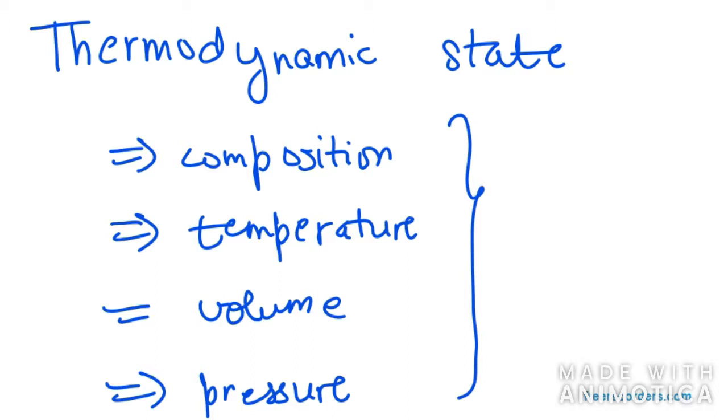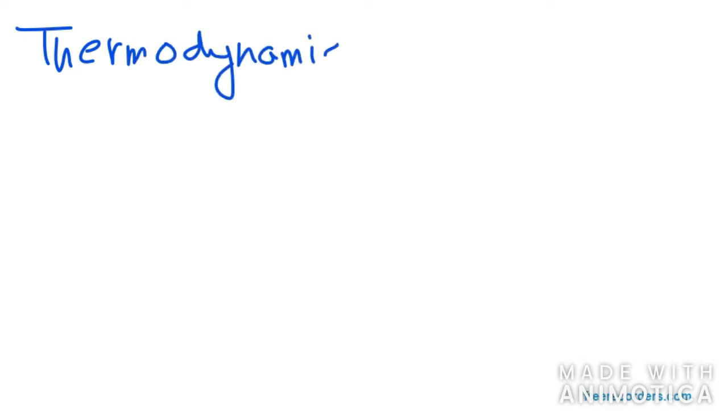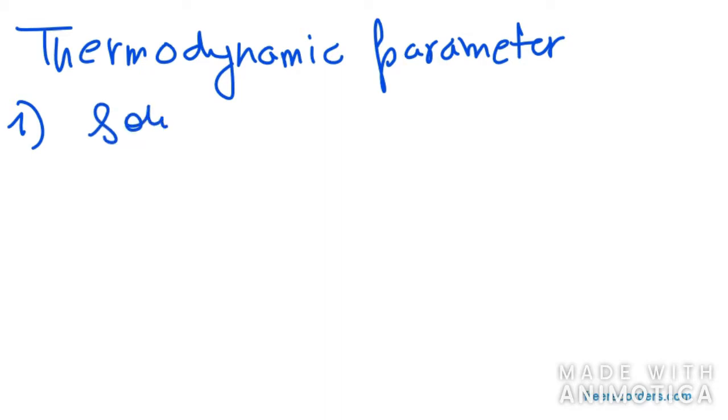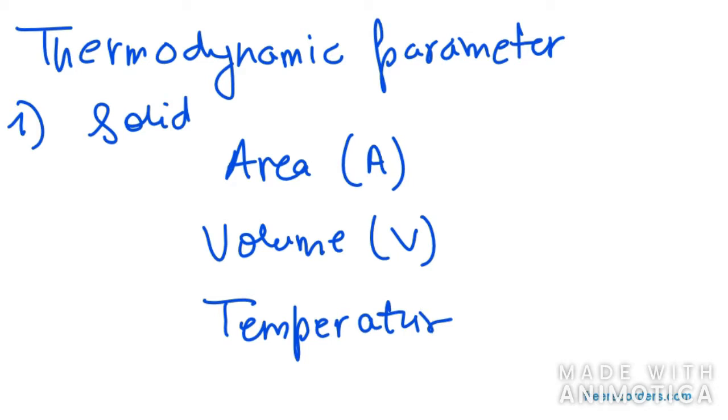Now we have other thermodynamic parameters based on the state of matter. Let us know about thermodynamic parameters. The first case is solid. In the case of solid, we have parameters like area, volume, and temperature.